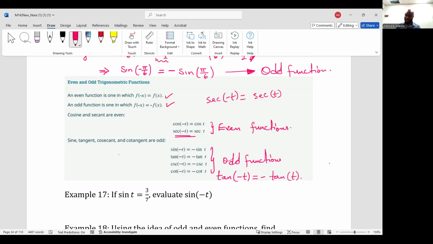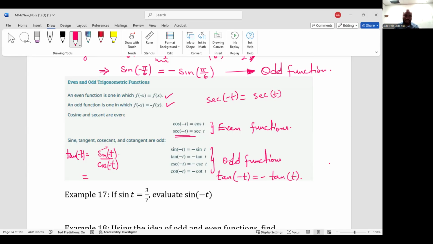Tangent, let me quickly show you that for tangent. Tangent of an angle is sine of an angle over cosine of an angle. So if I do this with negative t, this will be negative, this will be negative, right? Now, look at this.